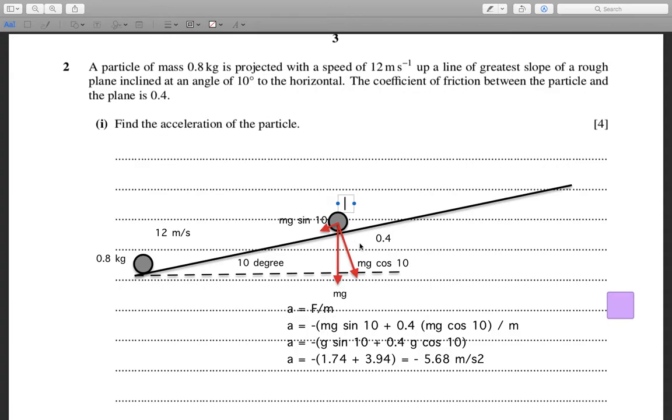Okay, what about the normal contact force? Normal contact force is in here. This is opposite to the mg cos, and this is perpendicular to the plane, or makes a right angle with the plane. Then the frictional force is going down the slope here. This is the frictional force.